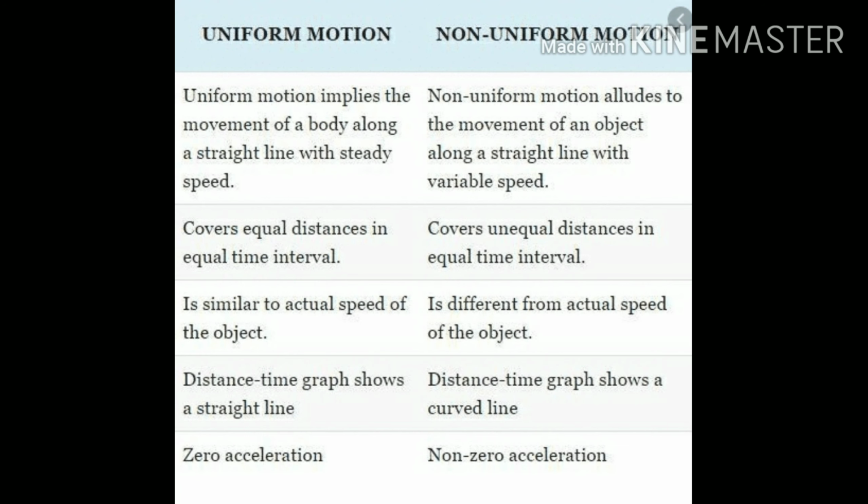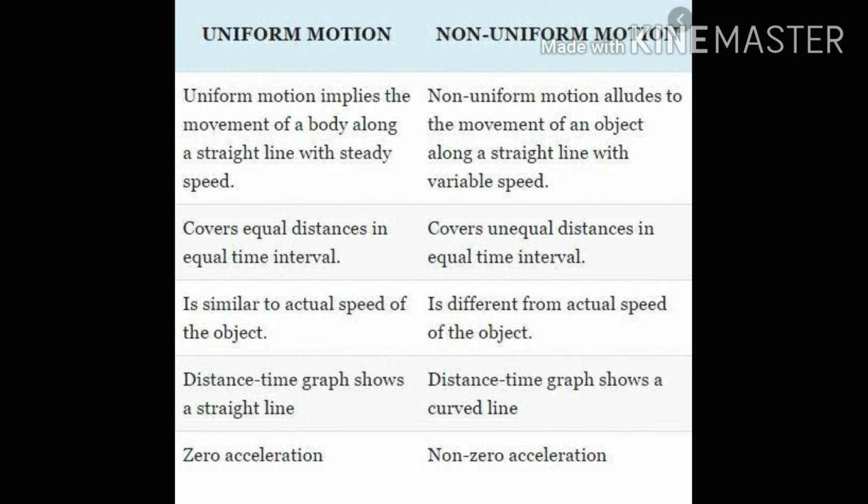Let us distinguish between uniform motion and non-uniform motion. Uniform motion implies the movement of a body along a straight line with steady speed, that means constant speed. And non-uniform motion alludes to the movement of an object along a straight line with variable speed.